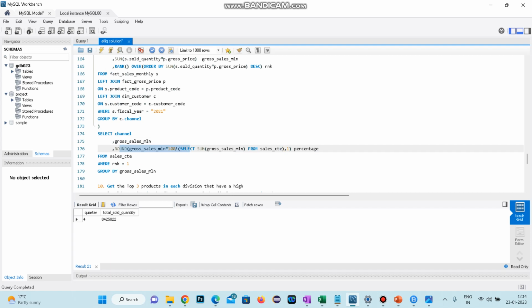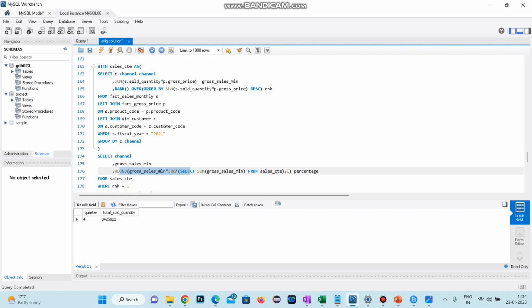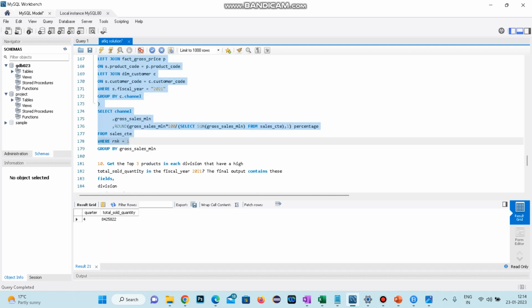We calculate the percentage as gross sales into 100 upon total gross sales by all the channels, that means total gross sales made through all channels. And we are selecting rank equal to 1 because we want the channel with the maximum sales.